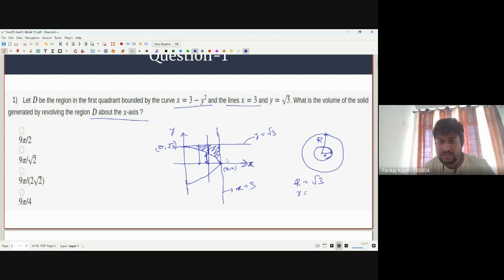So the inner radius is equal to y. If we are taking these planes at a distance x from the y-axis, then the length y is exactly equal to your inner radius.